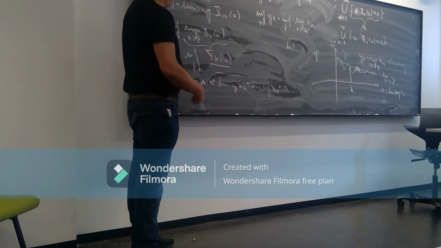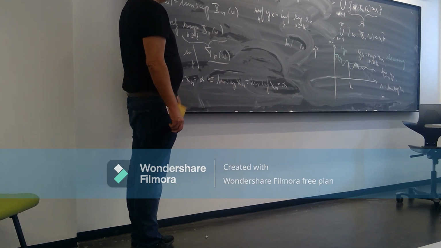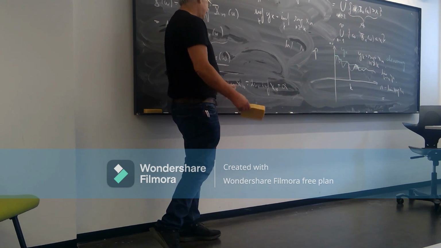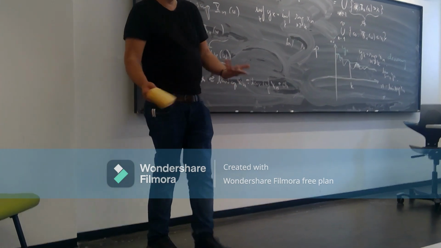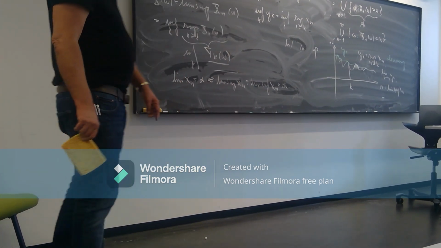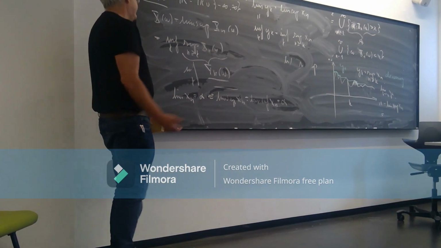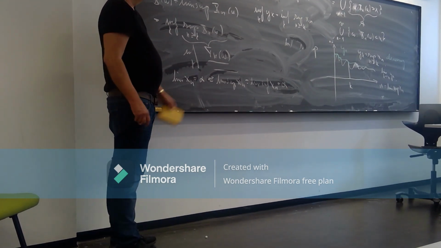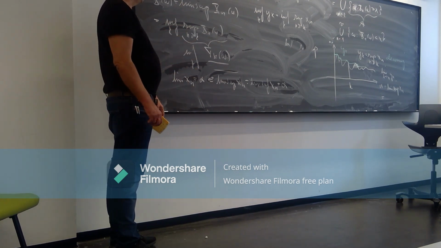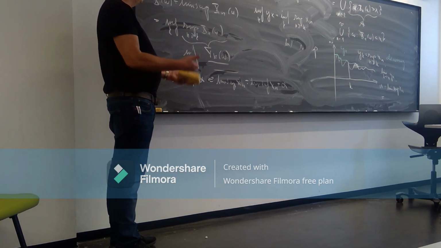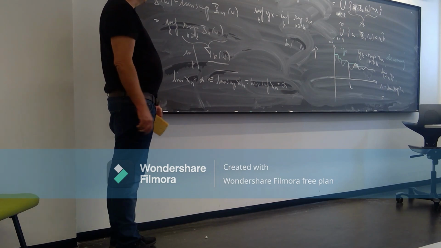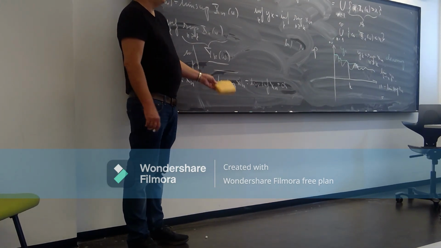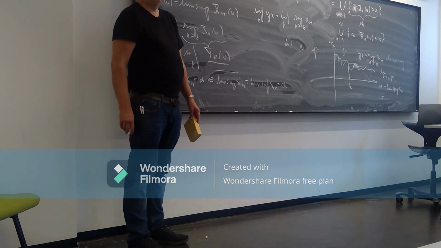So this means that when you have a limit, the limit is measurable because it's equal to the lim-sup, or if you want the lim-inf. So if you have a sequence of random variables and they happen to converge, it's sufficient that they converge for almost all omega, then the result is actually measurable because it's equal to lim-sup and lim-inf, and we proved that lim-inf and lim-sup are measurable.